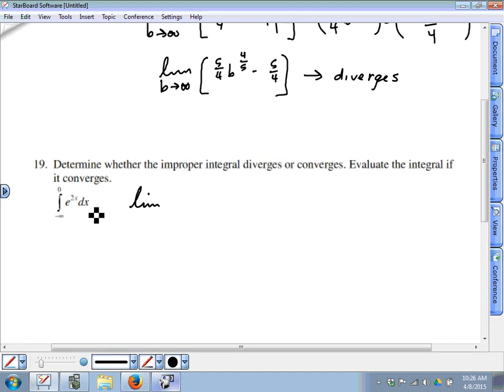So now the lower bound is negative infinity, so this is the limit as a approaches negative infinity of the integral from a to 0 of e to the 2x dx.